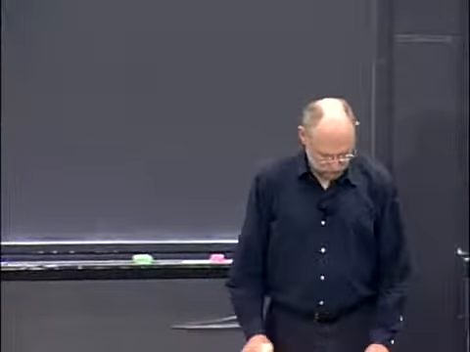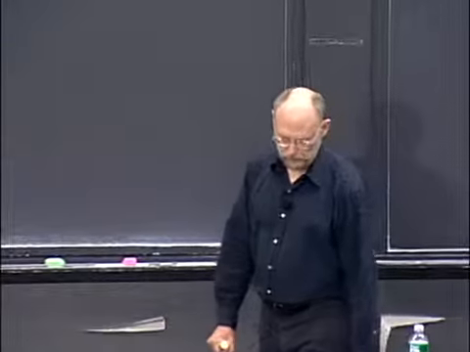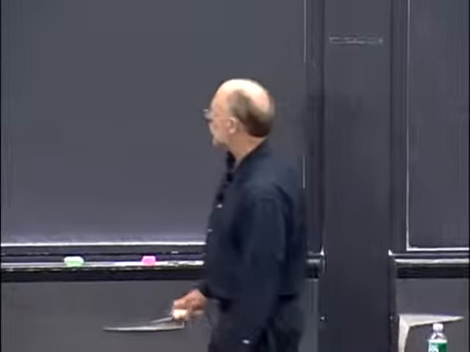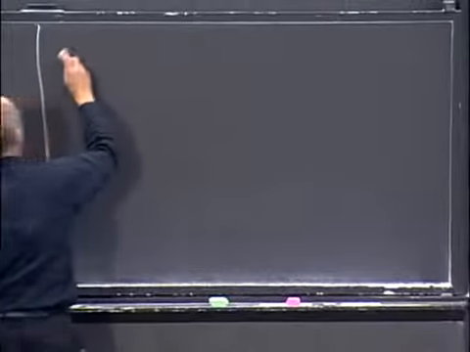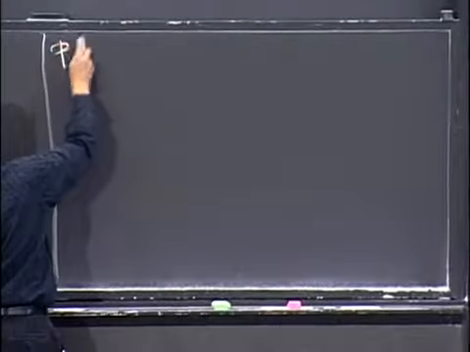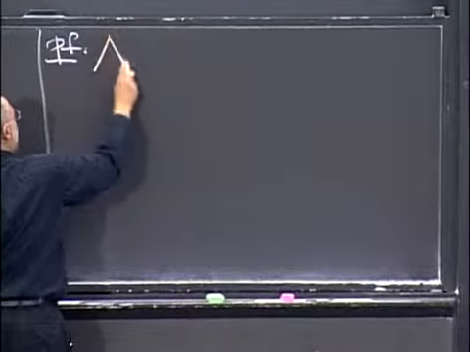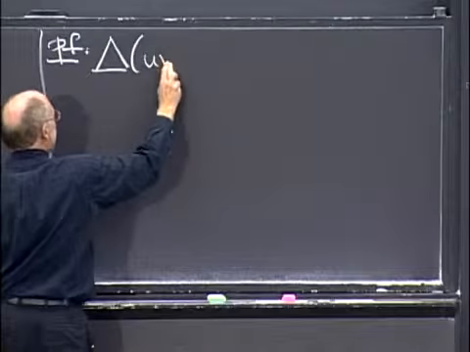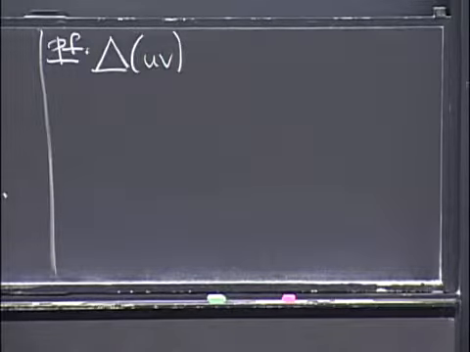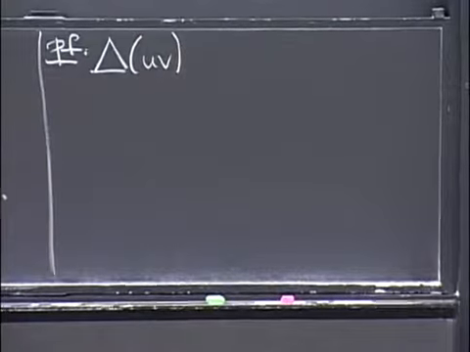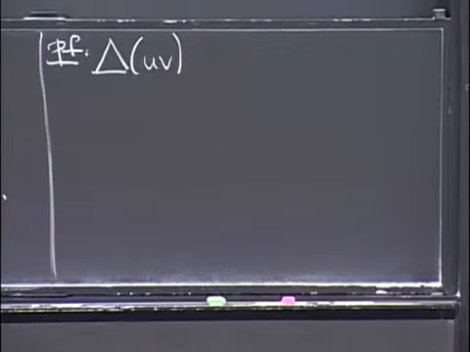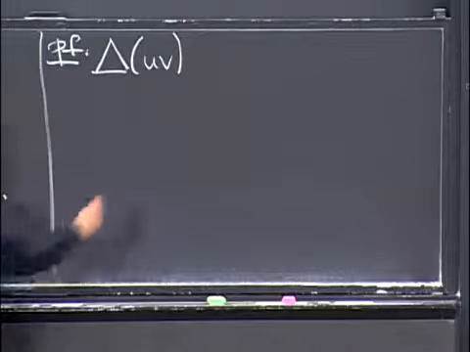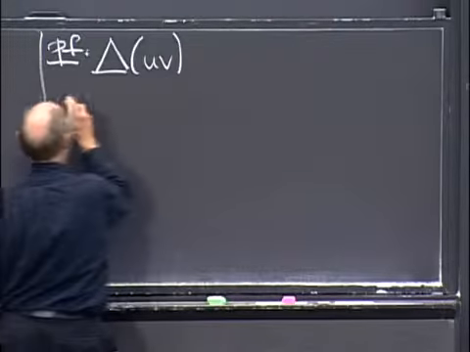Well, let's see why this is true. I want to try to show you why the product rule holds. So I think you have a standard way of trying to understand this. And it involves looking at the change in the function that you're interested in differentiating. So I should look at how much the product uv changes when x changes a little bit. Well, how do we compute the change?